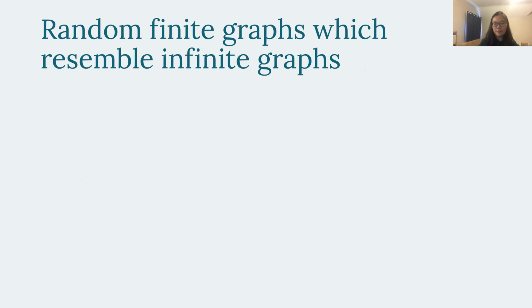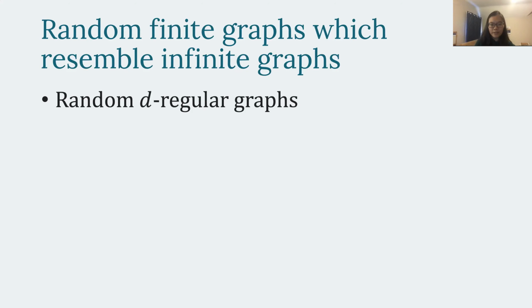So for this paper, we'll be going at this with a slightly different angle. And it turns out that randomized constructions actually work very well for this goal of finding finite graphs which resemble infinite graphs. So we'll be looking at random d-regular graphs. So for example, a random d-regular graph can just be constructed by summing up uniformly random matchings.